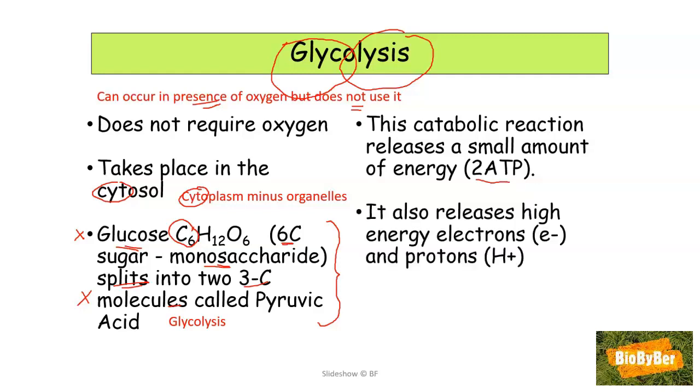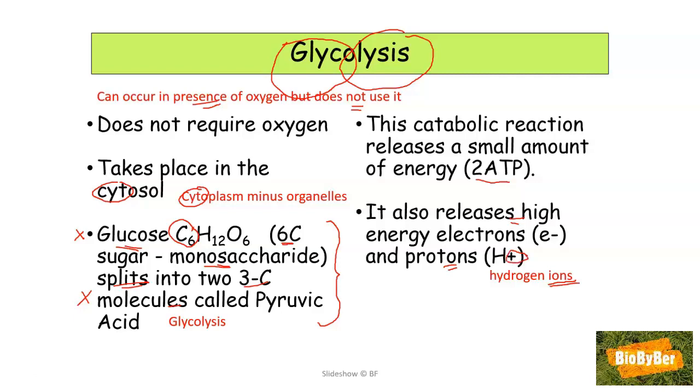During the process of glycolysis, or the breakdown of glucose, high energy electrons and protons are also released. Protons, or H pluses, or hydrogen ions, are released. Do not fall into the trap and call these hydrogen atoms. The chemists amongst us will realise that ions are charged atoms.